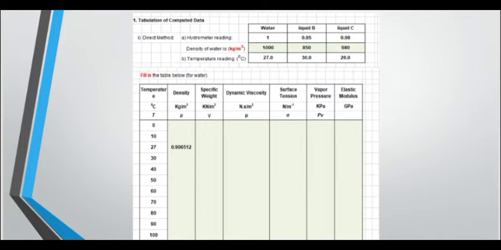For the liquid C, hydrometer is 0.98 and the density is 918 and the temperature is 28. For the table, we can see the temperature is 27 and density is 996.89.